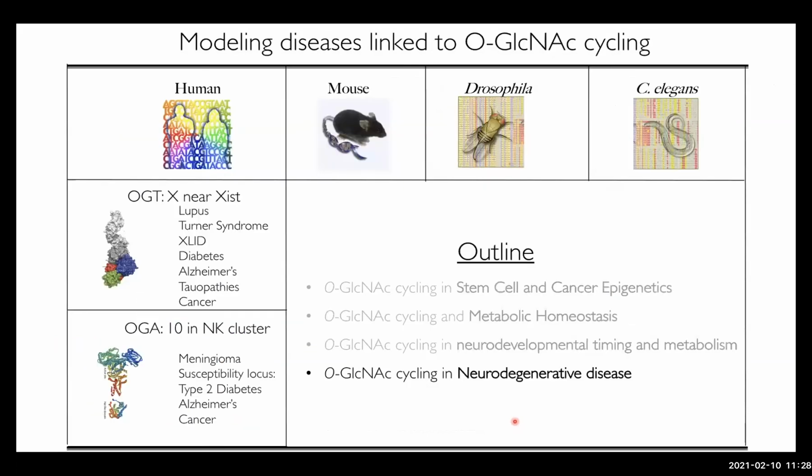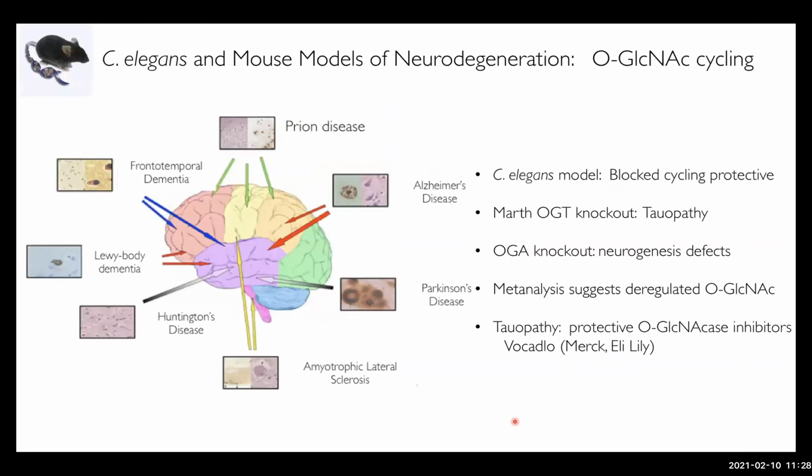So by way of introduction here, neurodegenerative diseases are being studied extensively in the O-GlcNAc arena. There are many forms of neurodegenerative diseases, but they are associated with accumulation of proteins intracellularly. We developed a C. elegans model that showed that blocking the cycling of O-GlcNAc was protective. Jamie Marth produced an OGT knockout in the brain and showed that tauopathy was affected by loss of OGT.